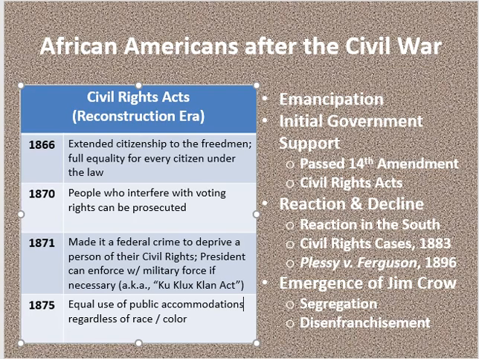It is also sometimes referred to as the Ku Klux Klan Act, because one of the main purposes of this legislation was to give the federal government the authority to crack down on the Ku Klux Klan.